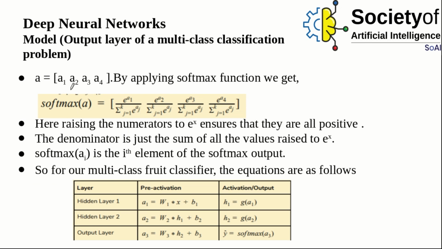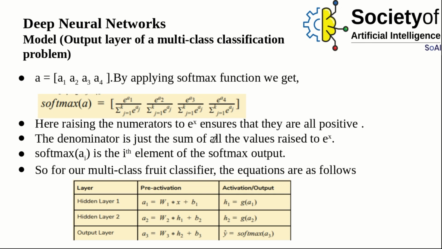Here, A is A1, A2, A3 and A4. By applying the softmax function, we get softmax of A as the softmax function applied to each of A1, A2, A3 and A4 respectively. Here, raising the numerators to e to the power x ensures that all are positive.